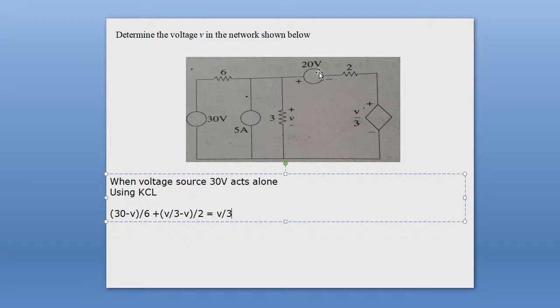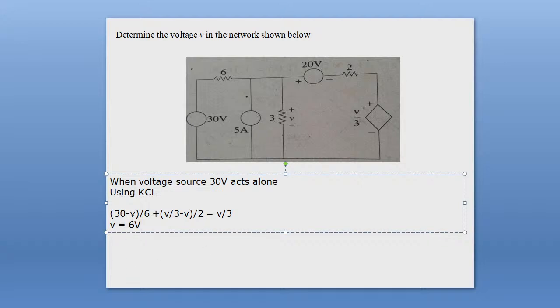The sum of these currents propagates through this 3 ohm resistance. The entering current is equal to the sum of these two components, and the leaving current is V by 3. By solving this equation, you can write small v equal to 6 volt.